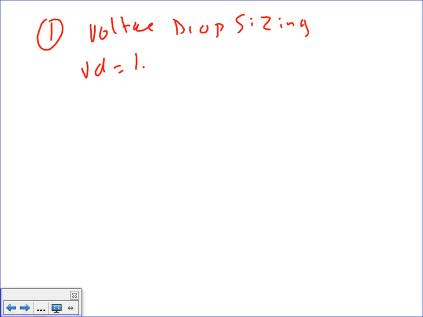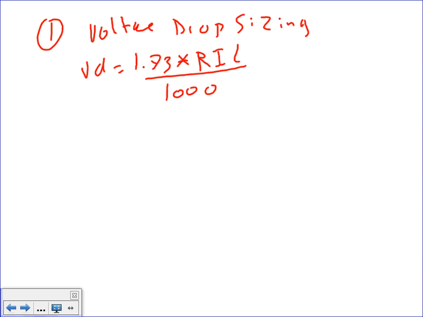So number one, voltage drop sizing. Voltage drop sizing, guys, I want to use voltage drop equals 1.73 times R I L over 1,000, and I need to find R so I can size the conductor.